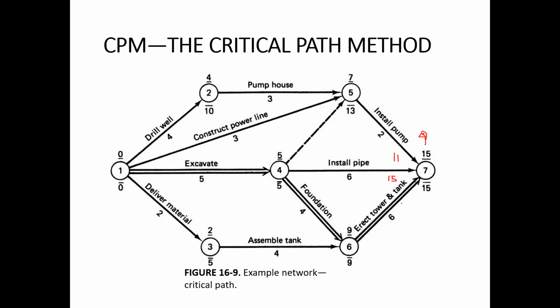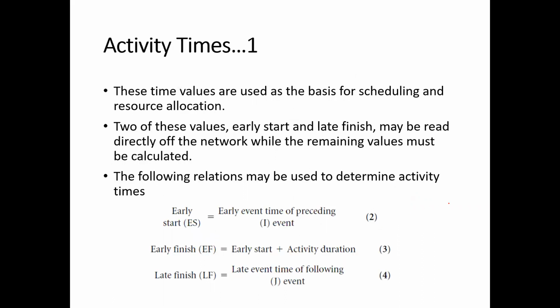Correct. Okay. So to identify the critical activity, it will be better to use these formulae. The earliest start time is the earliest event time of the preceding event. The earliest finish time is the earliest start time plus the activity duration. The latest finish time is the latest event time of the following event.